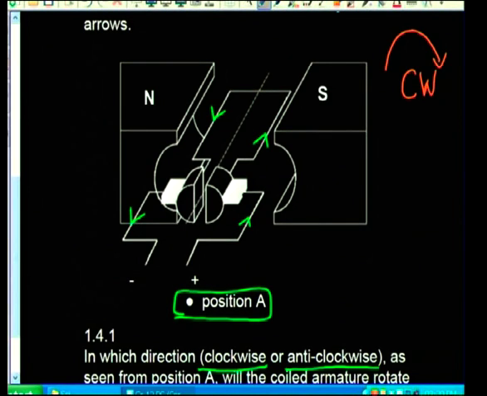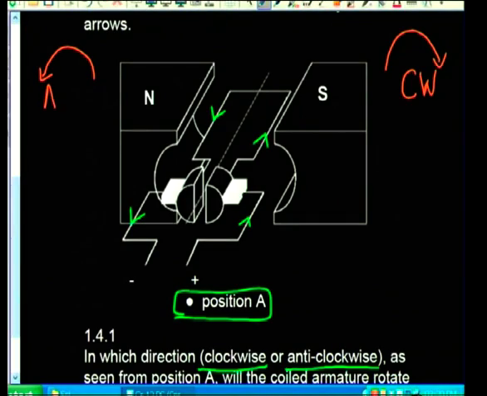If it's going the other way around, like when we want to turn time back, that's anti-clockwise. That's just for me to remember. That means when I look at my diagram, I now have to decide, is this coil going to go up or down? If this side of the coil, position A, is going up, then it's going anti-clockwise. If it's going down, then it's going clockwise.